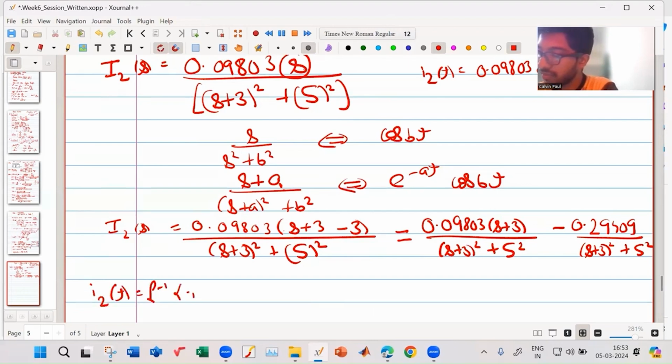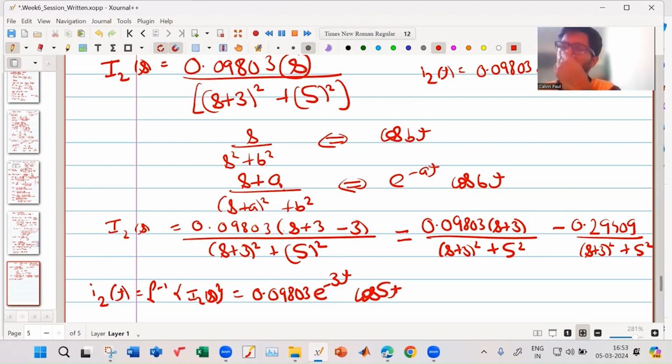It will be 0.09803 into e to the power minus 3t into cos 5t, minus 0.29409 into e to the power minus 3t into sine 5t, divided by 5.